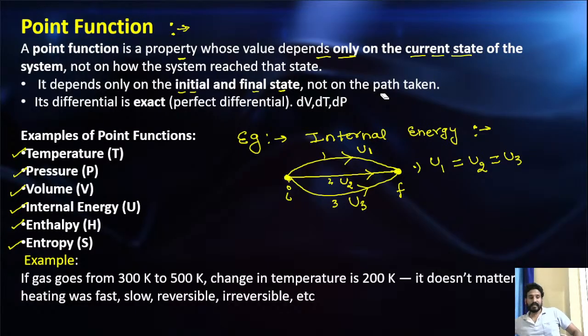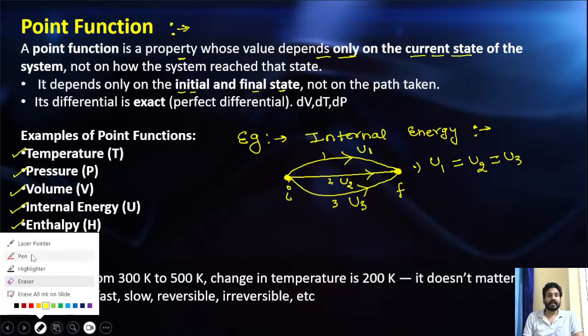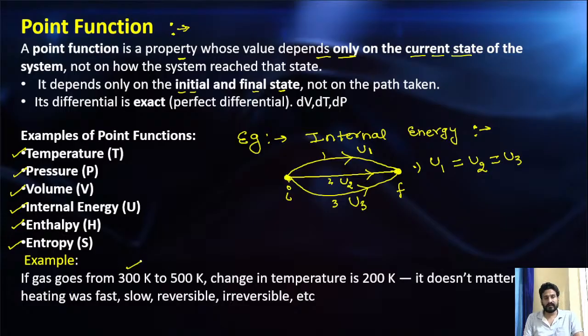Okay, another example is also noted here. Let's suppose a gas goes from 300 Kelvin to 500 Kelvin. It means the initial temperature is 300 and the final temperature is 500 Kelvin. So what is the change in the temperature? 200 Kelvin is the temperature change.